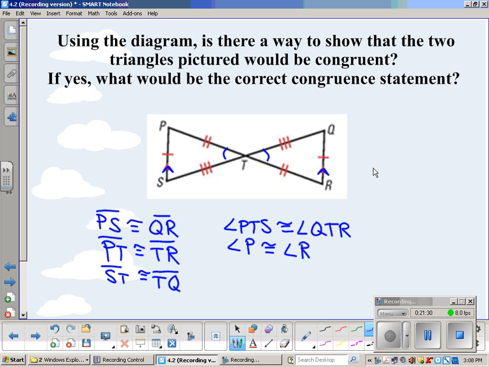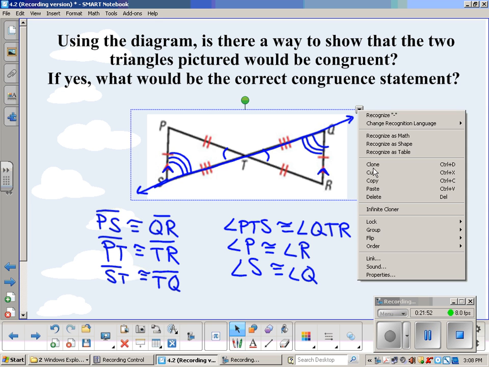So the other transversal is line SQ, which again produces a pair of congruent alternate interior angles. I'm going to mark this one with 3. Okay, so angle S is congruent to angle Q.